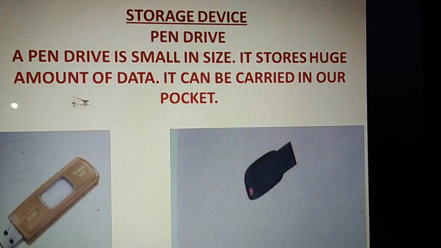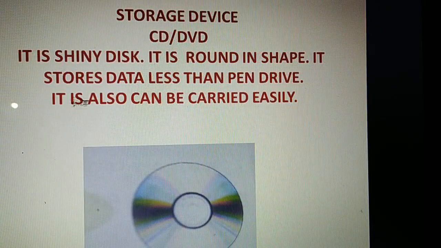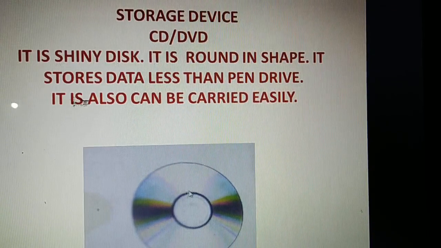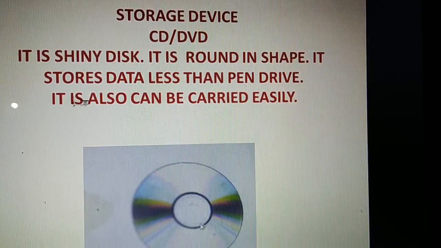Now next storage devices are CD and DVD. You can see the CD picture. It is a shiny disc. Its upper surface shows rainbow colors, and it is round in shape. It also has the capacity to store data, but less than a pen drive.